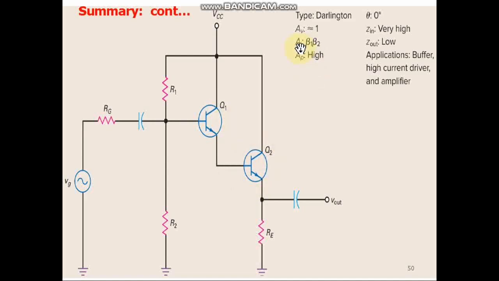So the final current gain will be beta 1 into beta 2, which is a very high value, multiplication of 2 current gains. So your power gain will also be high. The theta is 0, input and output voltage are in phase. Z in is very high, Z out is low. It can be used as a buffer and a high current driver because it has a high current gain.